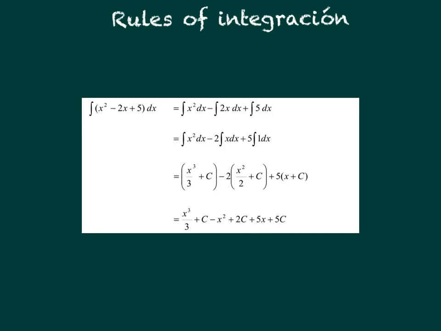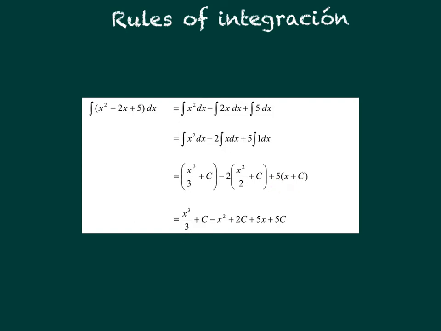And we obtain x cubed over 3 plus a constant, minus x squared, because we simplify 2 over 2 equals 1 times x squared equals x squared, plus 2c, because we're multiplying 2 by c, which is negative, but it doesn't matter, you're going to see why. And then we have 5 times x here, and 5 times the constant.